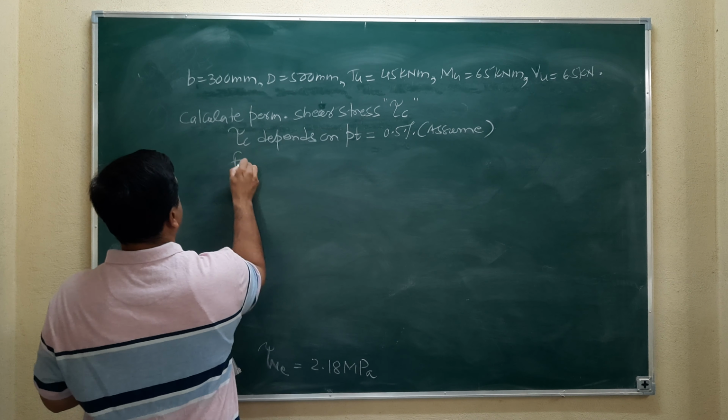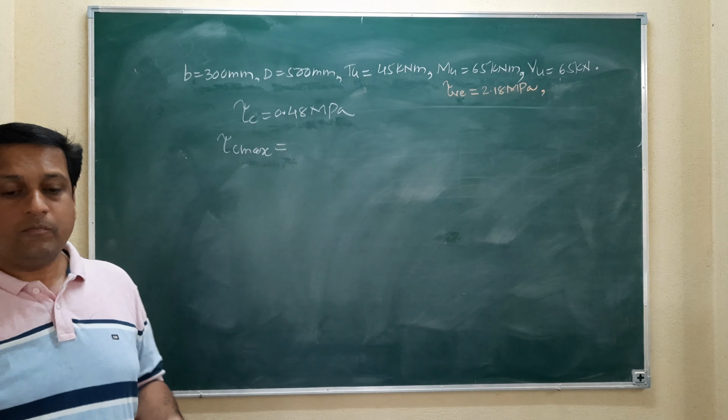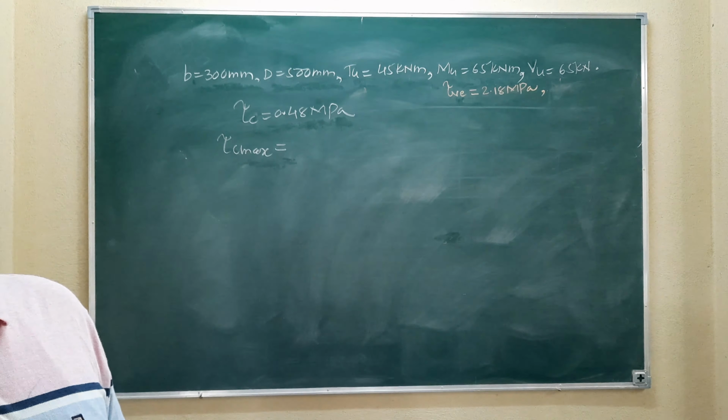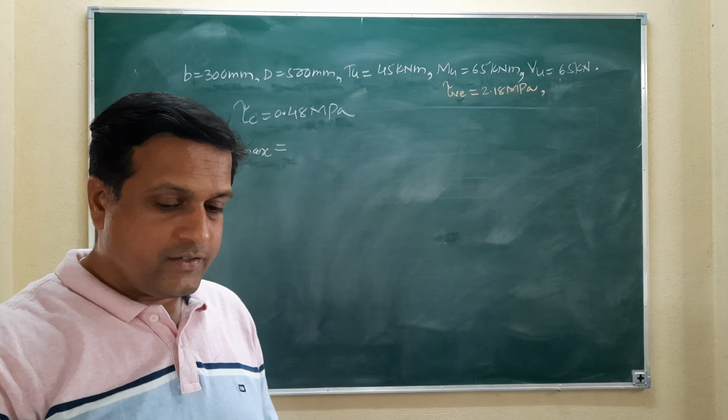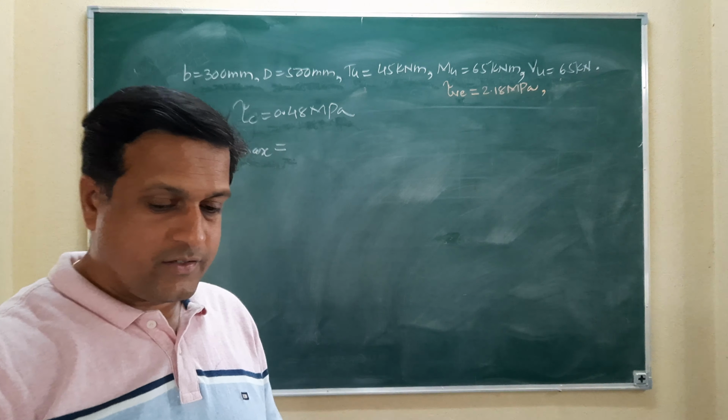So we have the value of tau V as 2.18. The value of tau C is 0.48 megapascal. And tau C max is taken from table 20, IS 456 2000 version, page number 73.